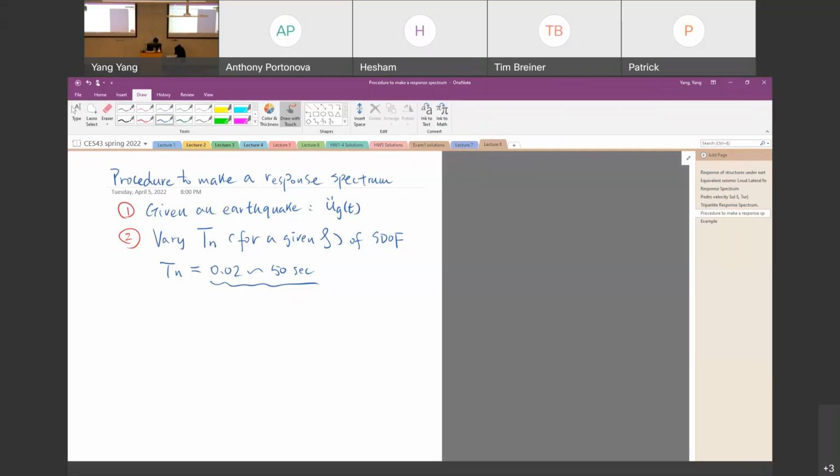The third step, we need to find the response displacement. How can we get the displacement of the structure?